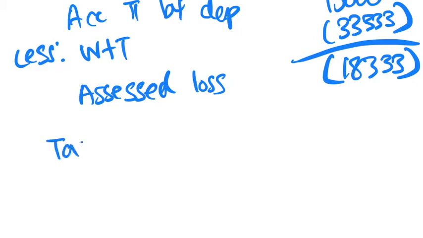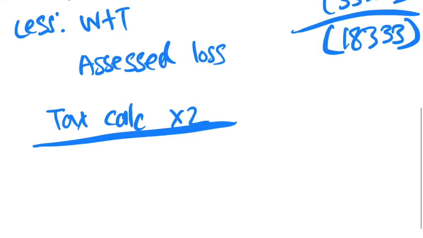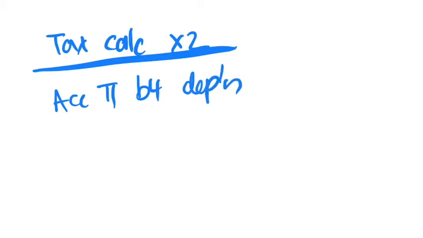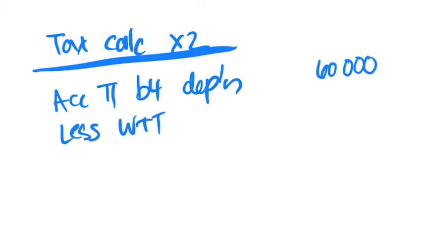So let's look at the current tax calc, okay, for year two. And in year two, again, we're going to start with the accounting profit before depreciation, and that in year two is 60,000. Okay, then we're going to subtract our wear and tear, and our wear and tear in this case is 33,300.